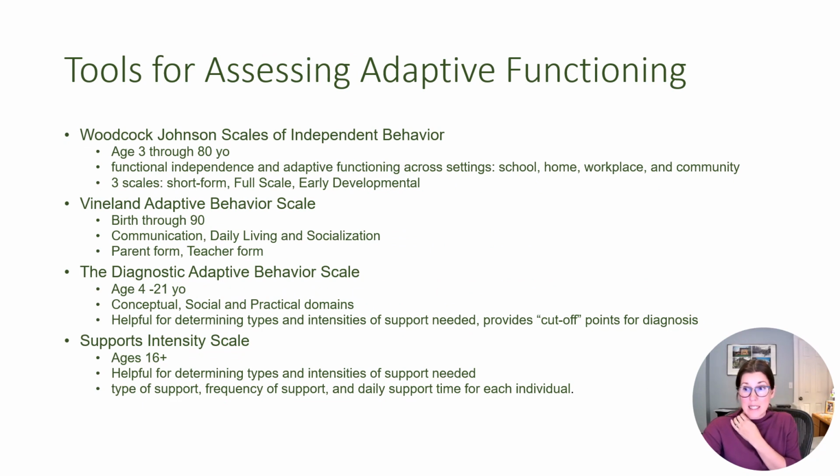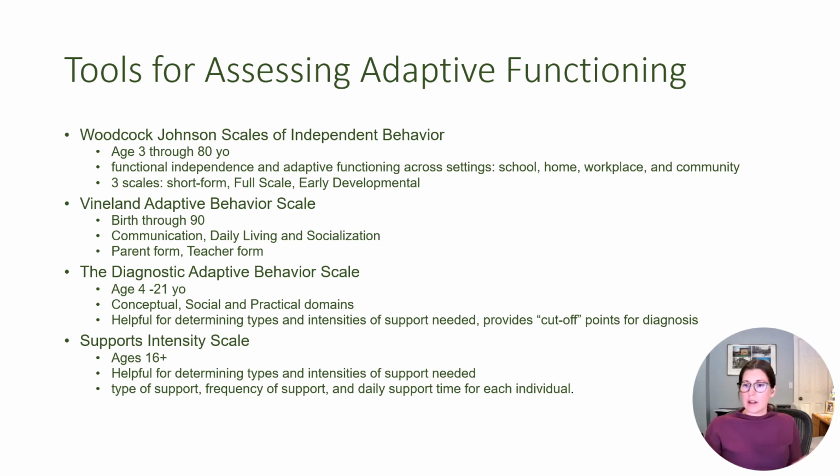So assessing adaptive functioning is a necessary component whenever making a diagnosis of an intellectual disability. And there are many, many different ways that you can assess adaptive functioning. You can assess this through interviews or conversation with caregivers or other people in the life of the person. You can assess this through conversing with the person or interviewing them on areas they struggle with and areas that are of strength.